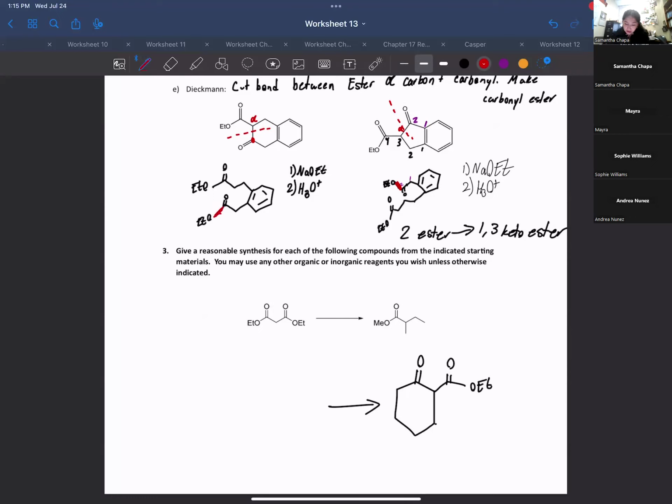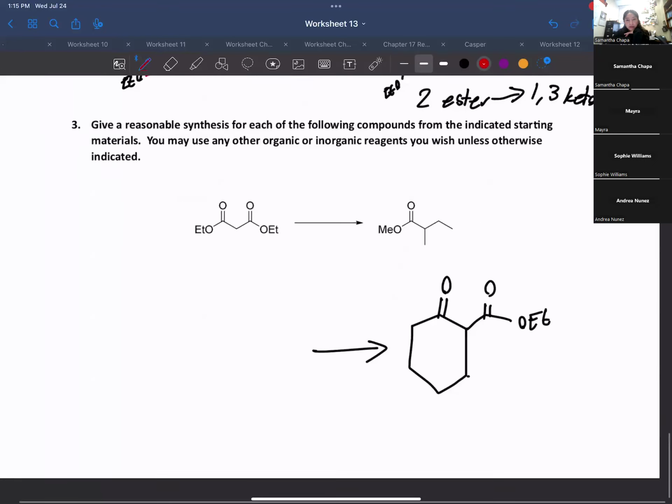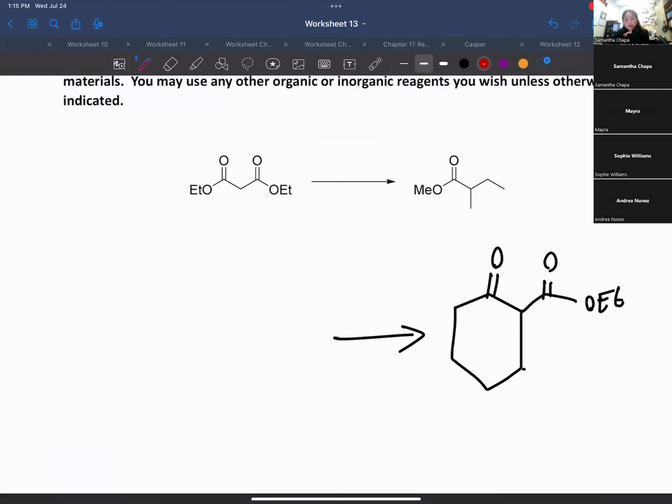These would be the new bonds. So again, the one that we're doing right here is this one to Dieckmann. What compound do you need in order to make that? How come it wasn't added for the first problem?